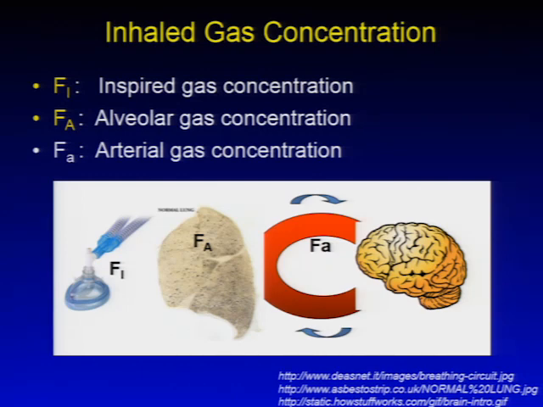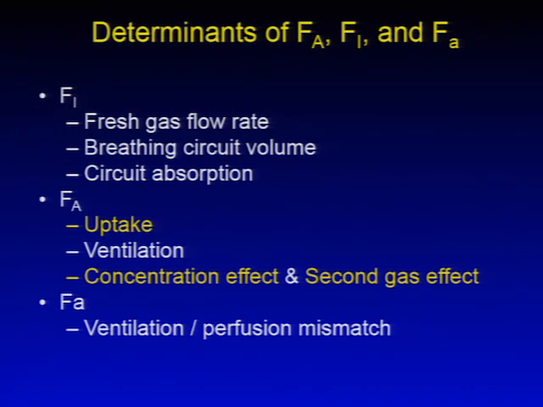Now, an important thing to remember is that the brain partial pressure is equivalent to capital FA, which is the alveolar gas concentration. Now, the determinants of the alveolar, inspiratory, and arterial gas concentrations are different.